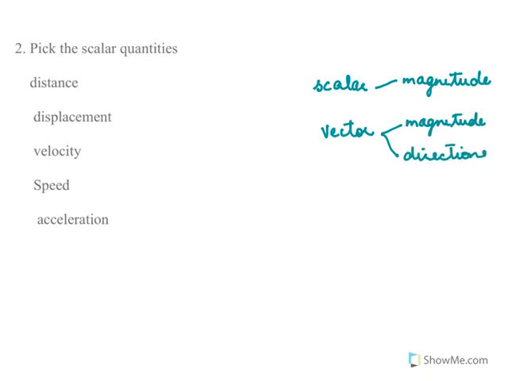You need magnitude as well as direction to define them. So distance has only magnitude, and because it has only magnitude, we call it a scalar quantity. So pick up the scalar.